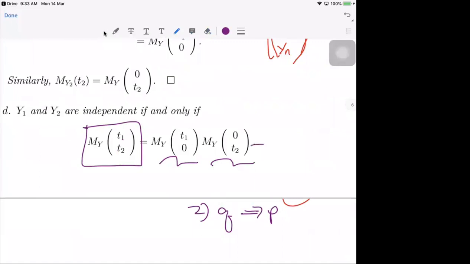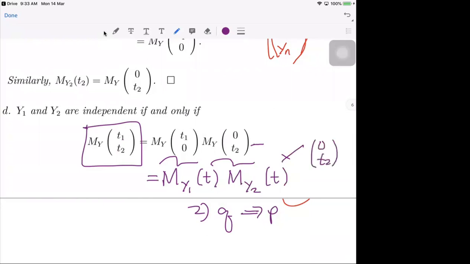So this can also be written as the moment generating function of y1 at t times the moment generating function of y2 at t. But the t here is actually (0, t2) because t1 will be 0, and the t here will be (t1, 0). Okay.